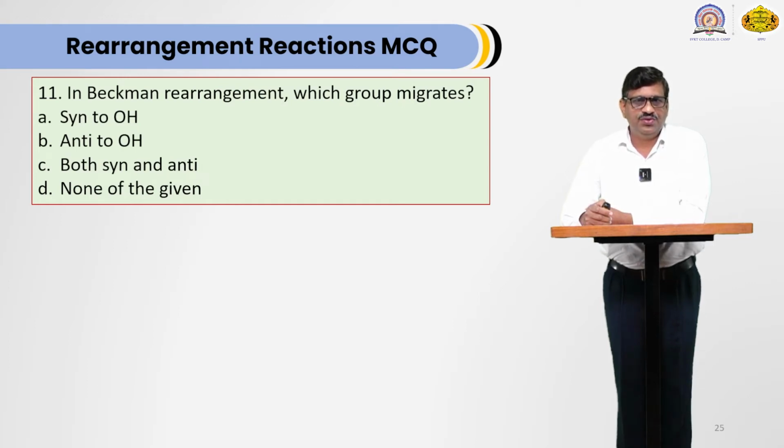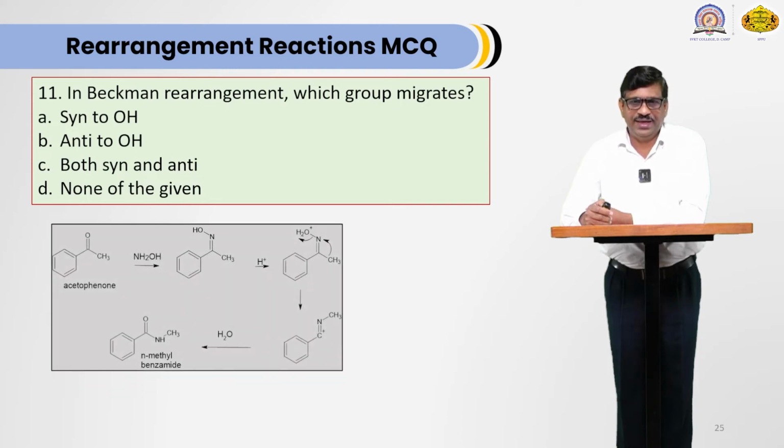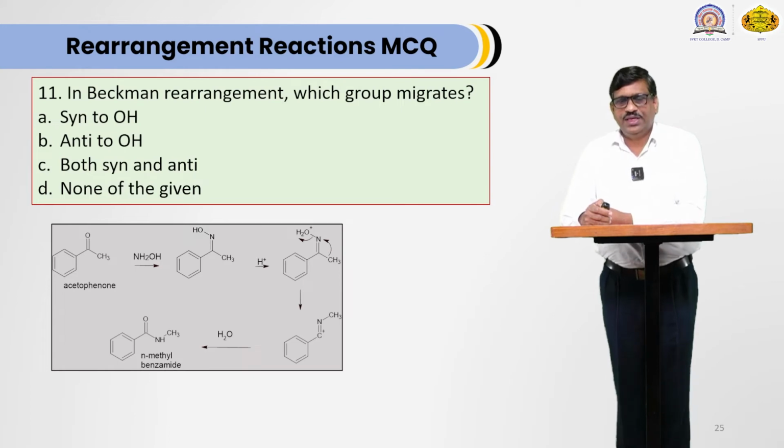Option A is syn to OH, B anti to OH, C both syn and anti, and D none of these. Correct answer is anti to OH. Means the group which is opposite to OH group is going to migrate. In this reaction, it is shown that CH3 group is anti with respect to that OH, and that's why that CH3 is going to migrate.